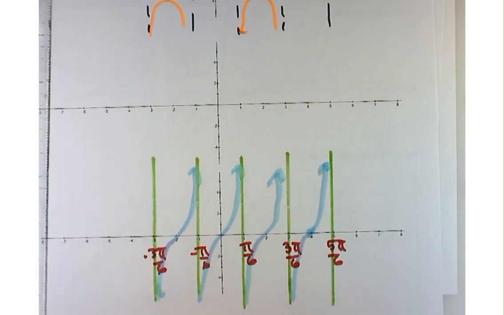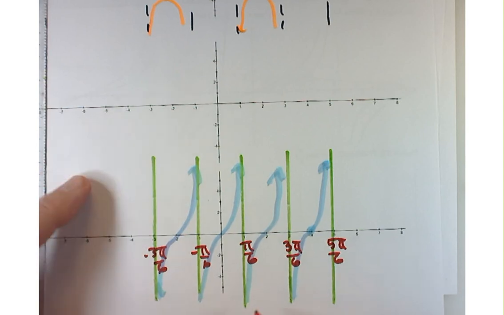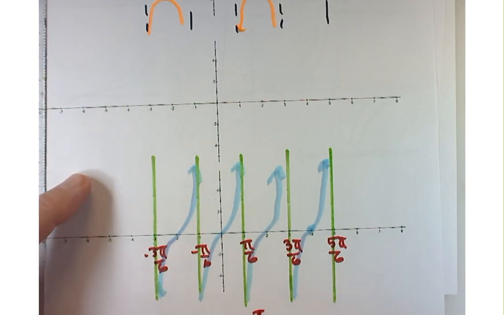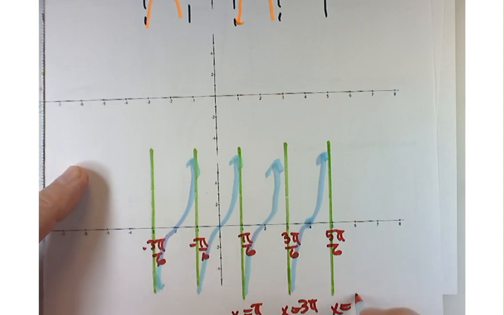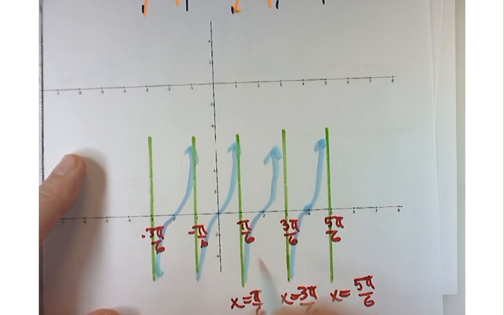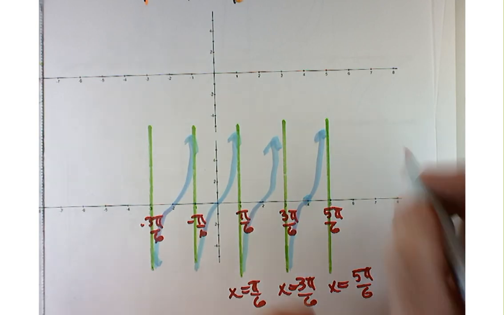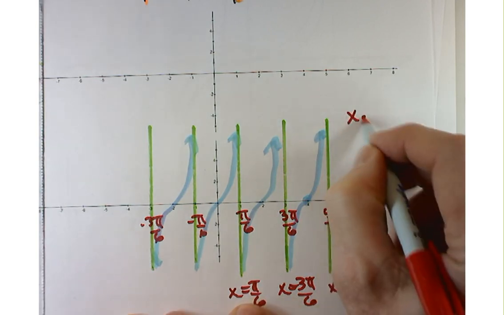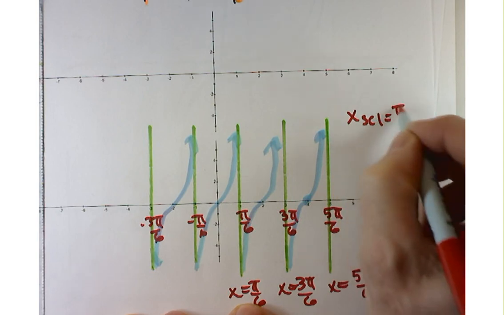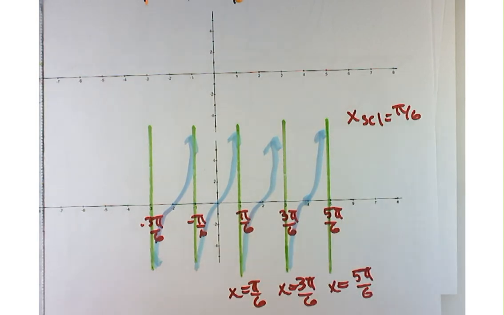And this is more or less all that I'm really expecting when you graph this for me on an exam. And I don't care if these are reduced or not. I really don't. I think it's actually easier. You can kind of see the pattern if you don't reduce them, would be my suggestion. When you're graphing this on the graphing calculator, let x scale equal pi over 6. That'll be helpful for you there. Sweet. All right, let's take a break.